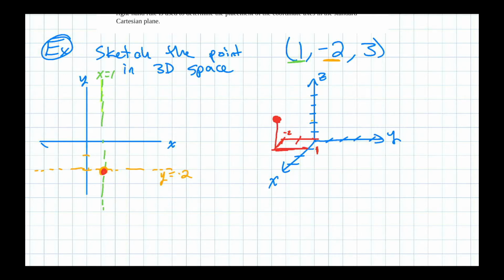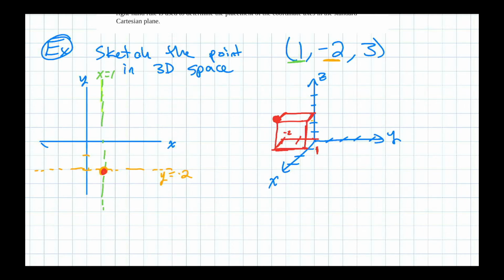And so this is really actually like the corner of a box like this. Okay. So it's like the corner of a box, and where you have that point.